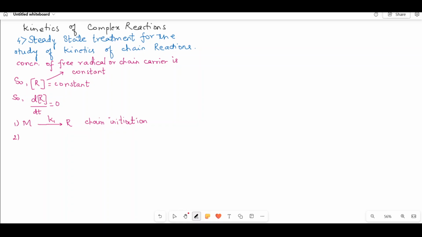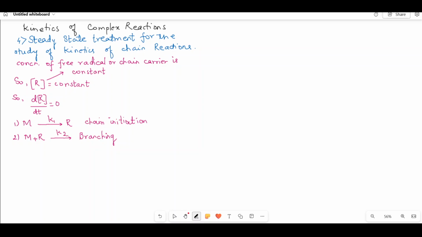The second step, M plus R continues. That is, you can say branching, or we can say propagation takes place.